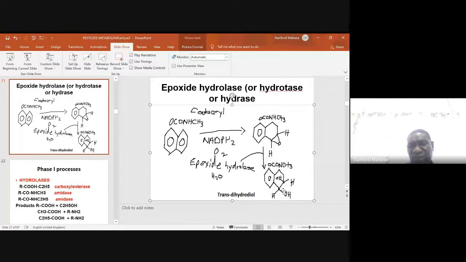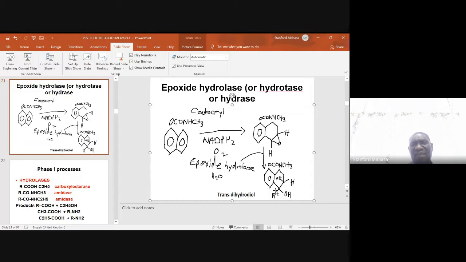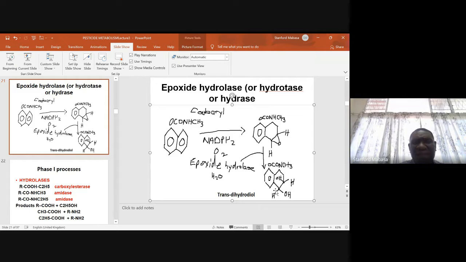It's a dihydrodiol where we have the two hydroxyl groups now being attached to this structure. So epoxide hydrolase can actually change the structure of carbaryl. It becomes less toxic, it could be in the insect or plant.